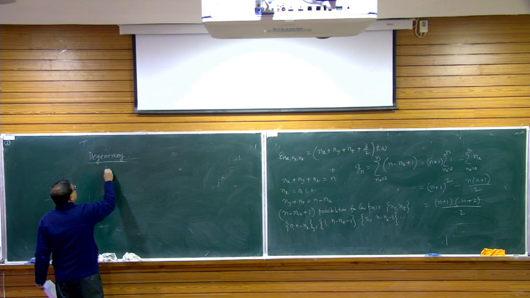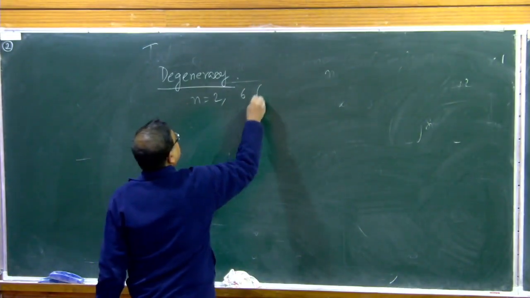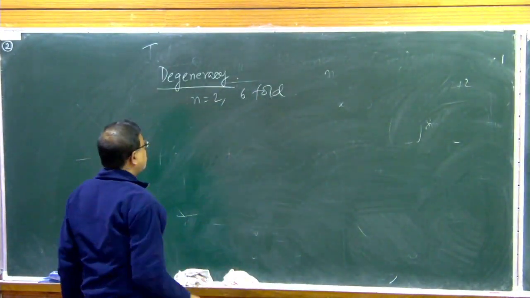So n equal to 2 will have a 6-fold degeneracy. That's what the formula says. Let's see whether that's correct.